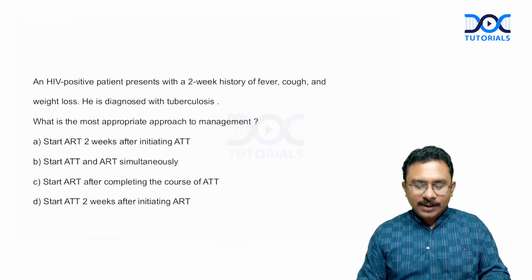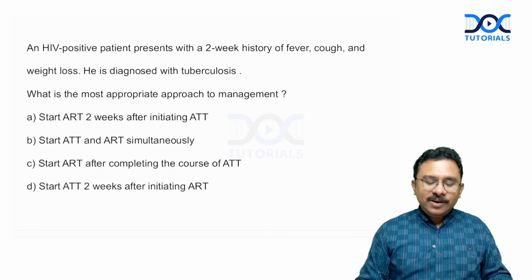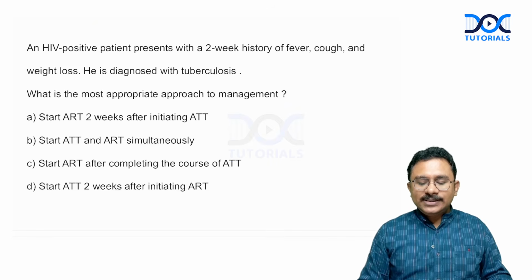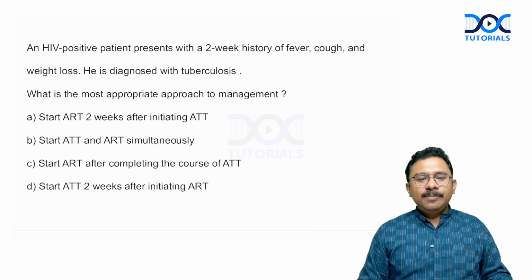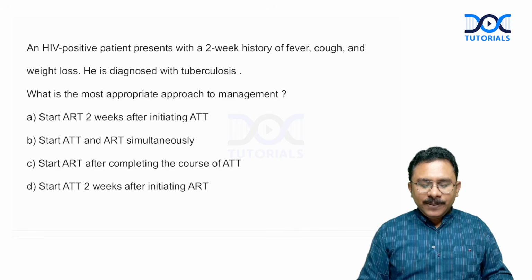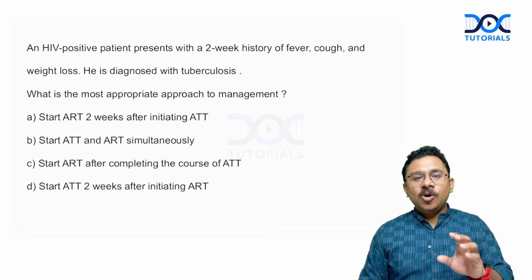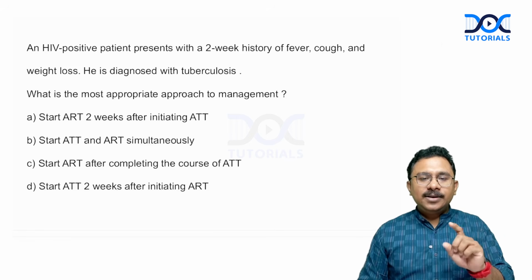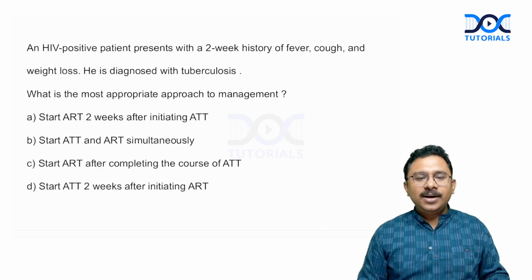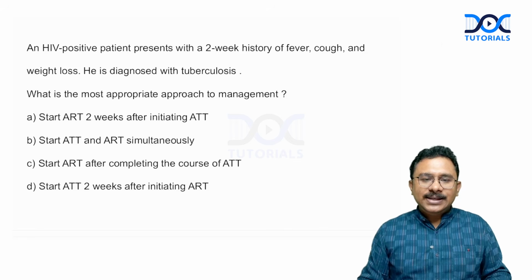Coming to the next question, an HIV positive patient with a 2-week history of fever, cough, and weight loss, diagnosed with tuberculosis, appropriate approach to treatment. So always remember, when you have an opportunistic infection, first treat the opportunistic infection and then start ART, at least in many scenarios.